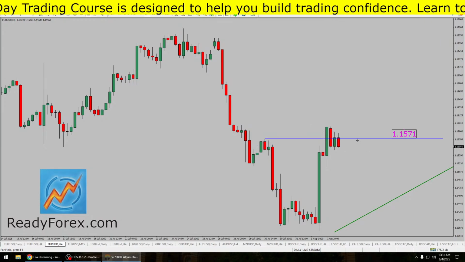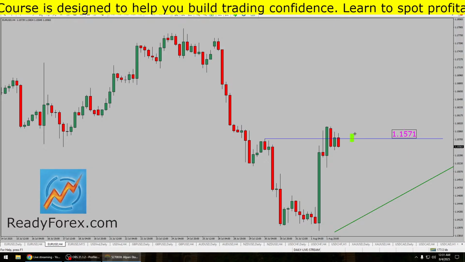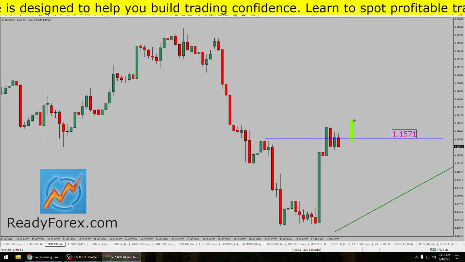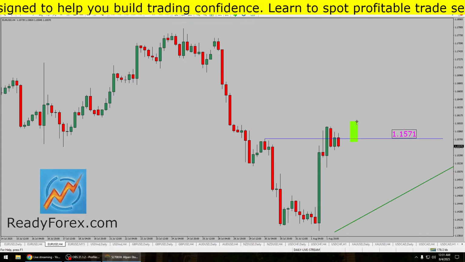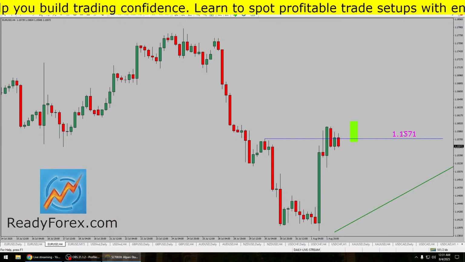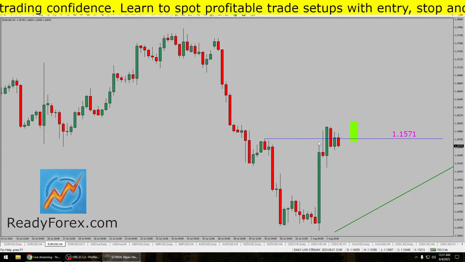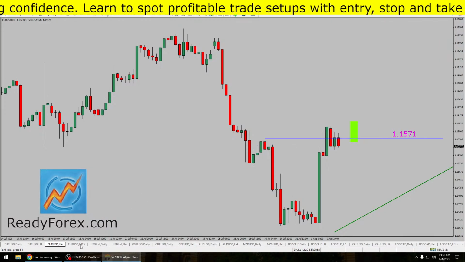Otherwise this whole thing could probably turn into a false breakout as well. So for example, let me draw a candlestick pattern over here. If we do get a bullish candlestick, something like this, inside 4-hour time frame of euro dollar currency, then obviously the downtrend would be over. But currently it is still a downtrend in 4-hour chart.